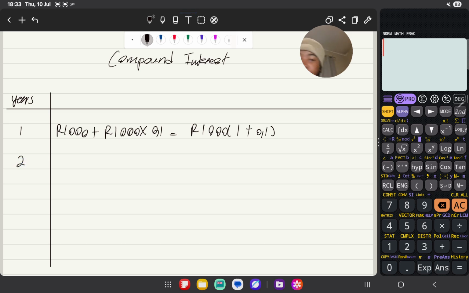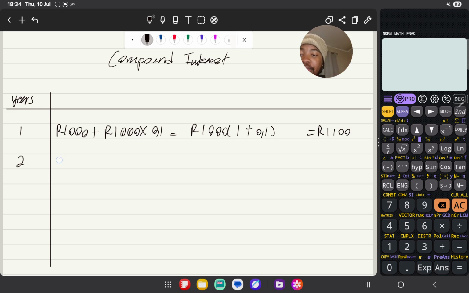Let's go to year two. By the way, the amount here, of course, is 1,100. In year two, what happens is I now take this money and I invest it as if it's the new year, right?